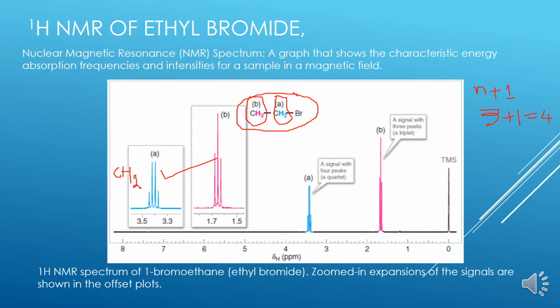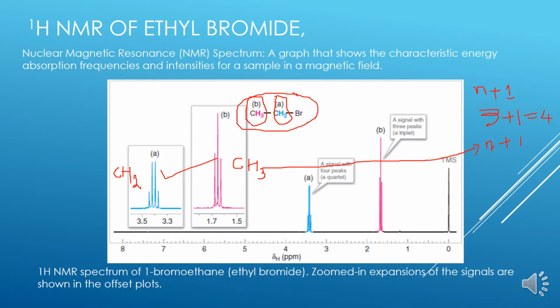Let us move on to the other peak splitting of the molecule, that is the methyl proton, labeled as B. As far as methyl is concerned, the n plus 1 rule gives the number of splittings for the CH3 group. There will be two neighboring protons, both non-equivalent to each other.